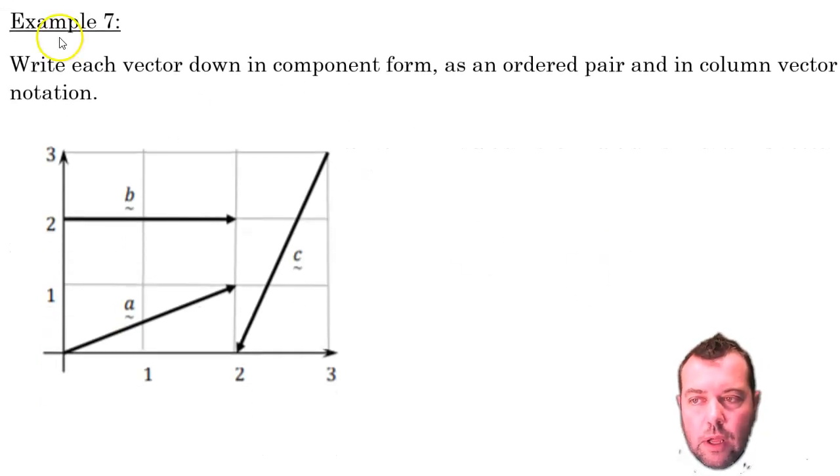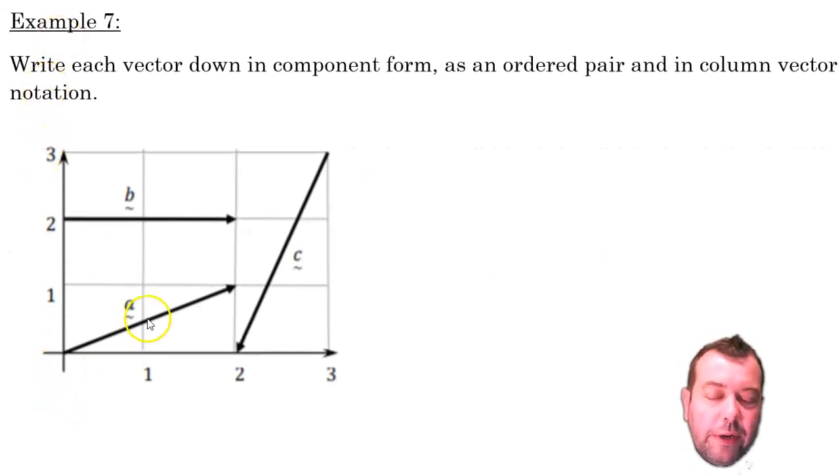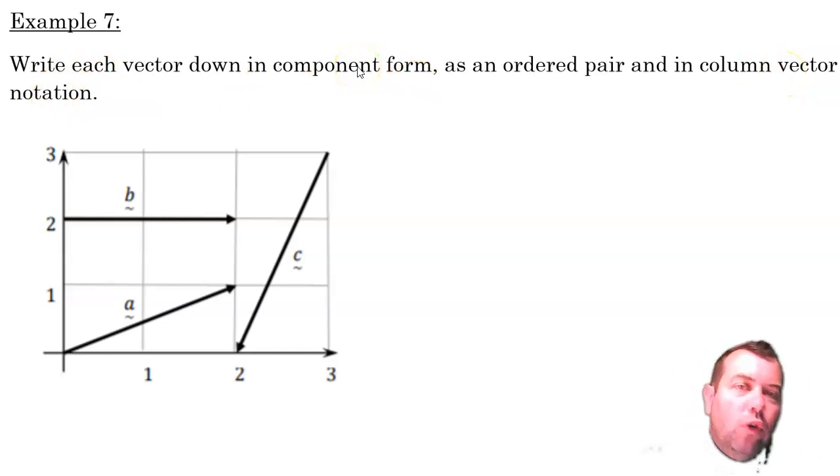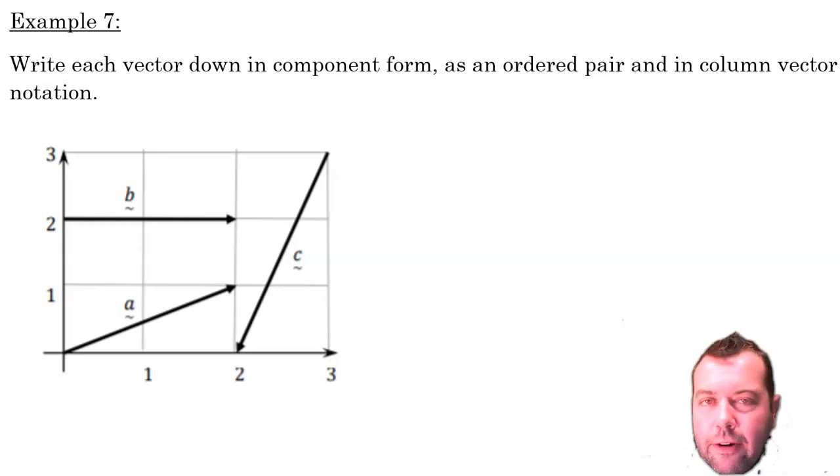So, here we're going to express each of these vectors in component form, as an ordered pair, and in column vector notation. So in component form, what I'm really doing is describing how far across and how far up they go.